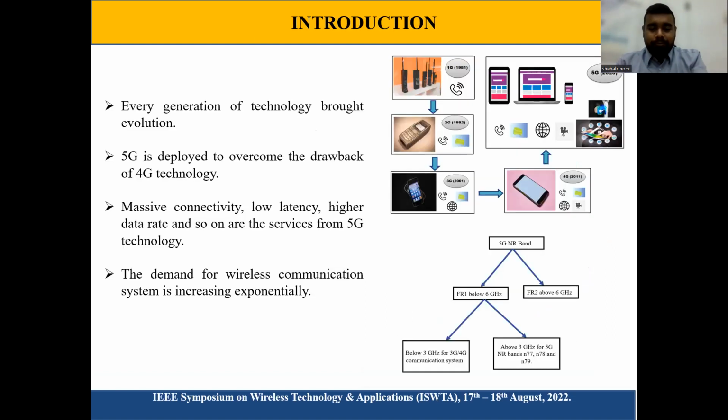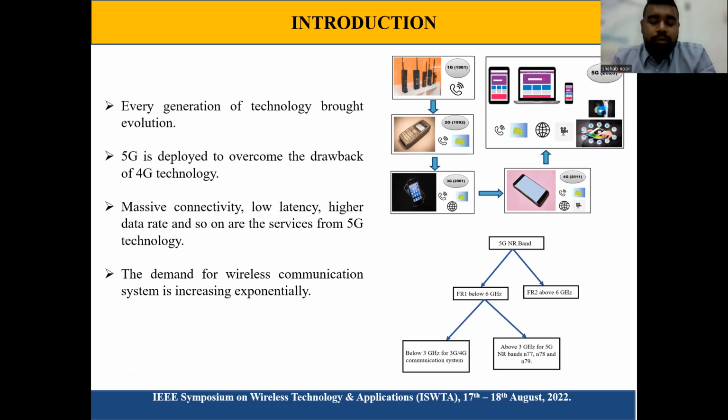Okay, so let's begin. In our wireless communication field, every generation, every G, refers to 10 years. The fundamental objective of a new generation of wireless communication system is to improve the user's experience, to come up with a new infrastructure so that new applications can be deployed for our daily lives, and to overcome the drawbacks of the previous generation.